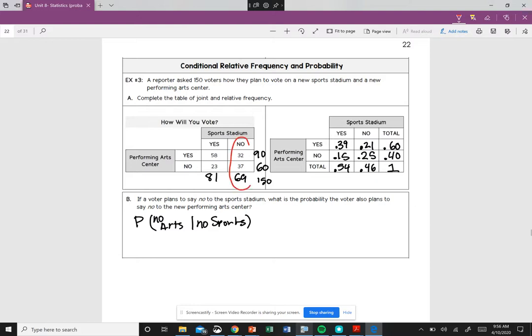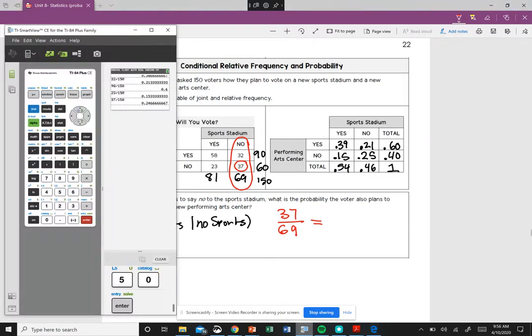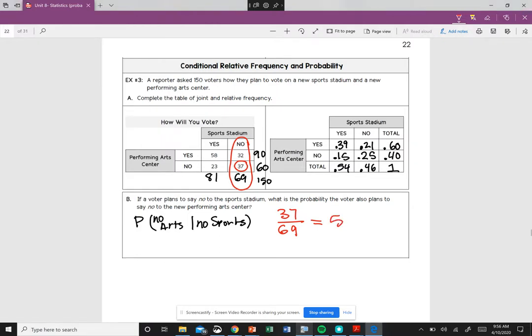So we're only looking at this column. So what did they say no to arts? This would be out of 69, 37. So we do 37 divided by 69, and we get 0.536. So we get 54%-ish.